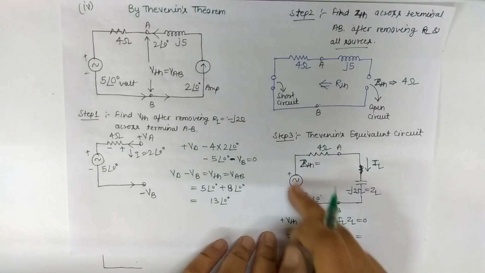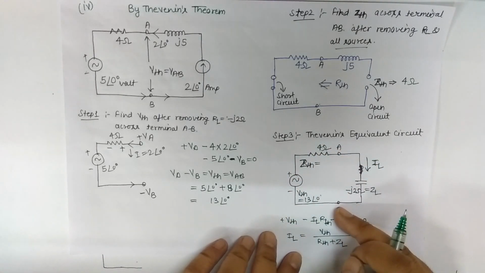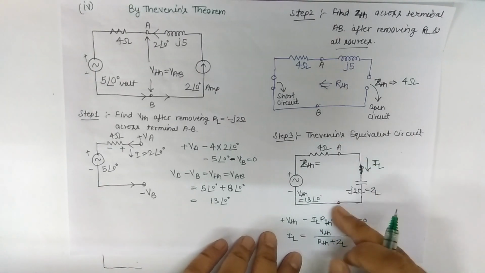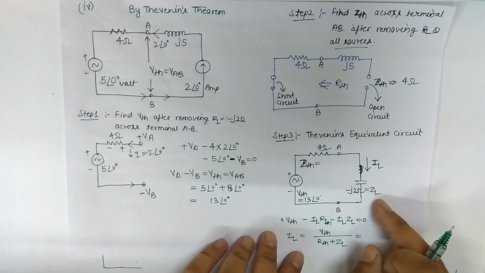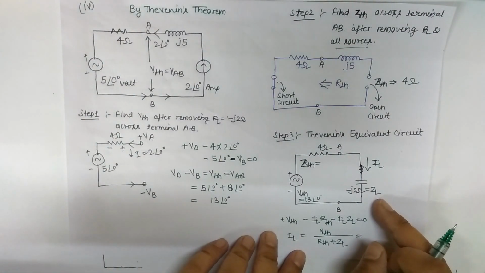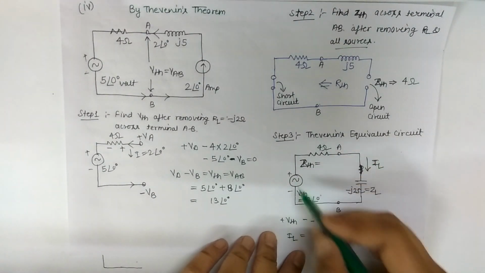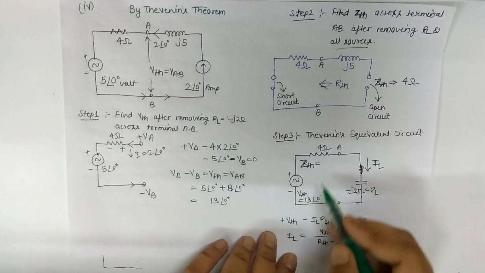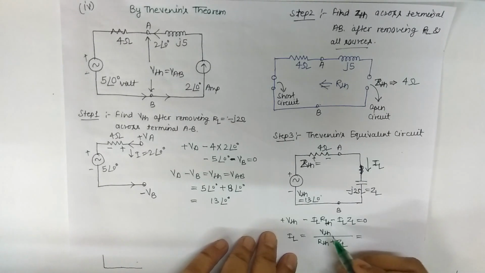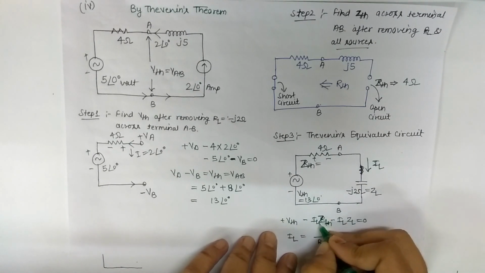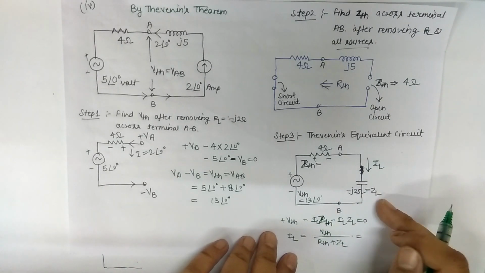So we connect in series at terminal AB, and again at AB we connect our load impedance ZL, that would be minus j2. So when we apply KVL, it would be plus of VTH minus of IL into ZTH and minus of IL into ZL.